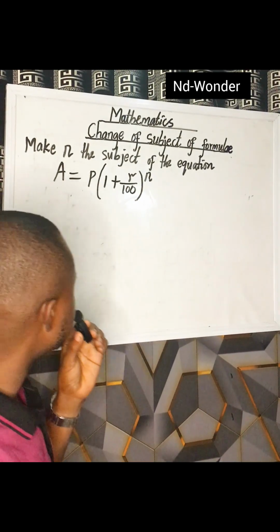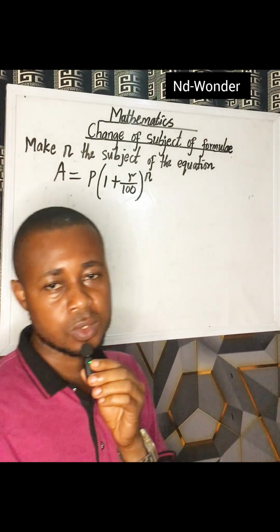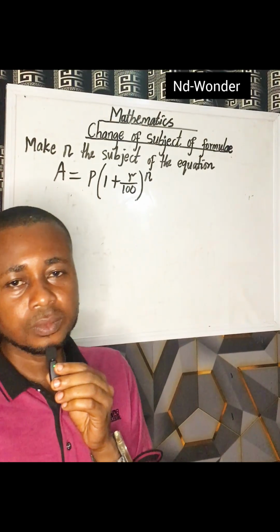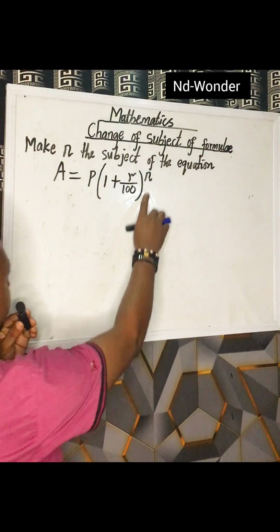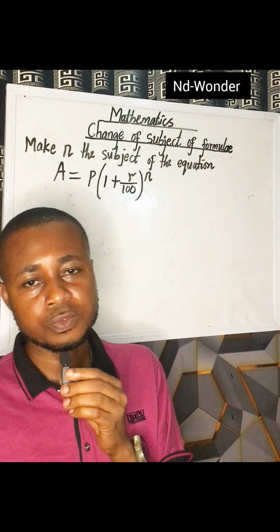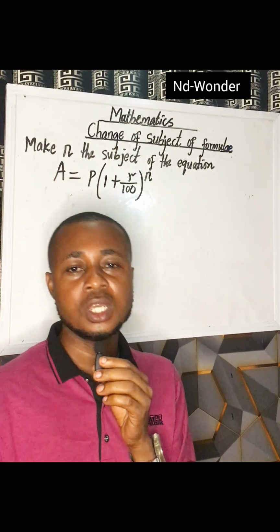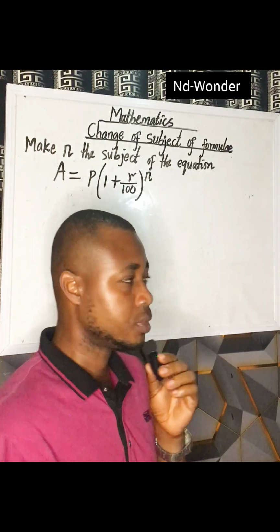So what I need to do at this point is to quickly introduce logarithm. And we need to introduce logarithm because the value you are making the subject is in exponential form. So in that case, the best way to go about it is to introduce your logarithm.